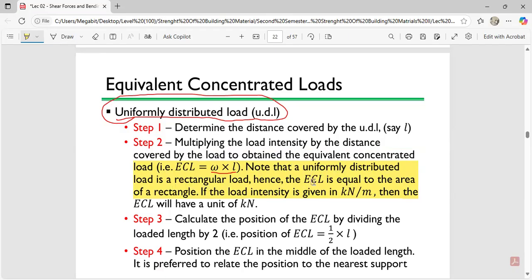Hence, the ECL is equal to the area of the rectangle. Please always note that a uniformly distributed load is always equivalent to a rectangle and hence must be tackled as you are calculating the area of a rectangle. If the load intensity is given in kilonewton per meter, then the ECL will have a unit of kilonewton.